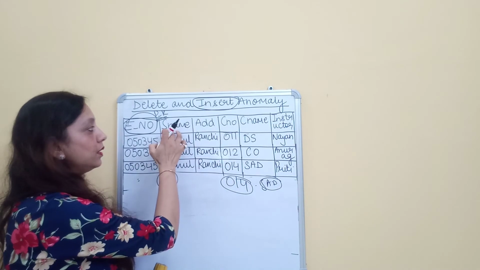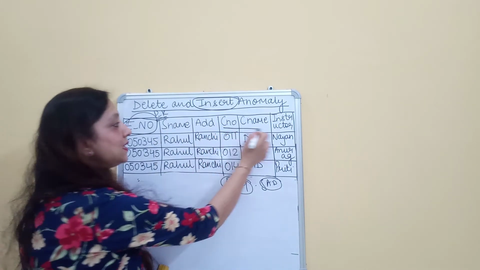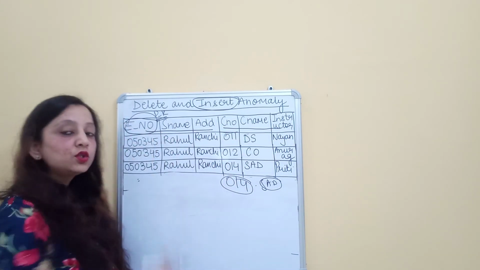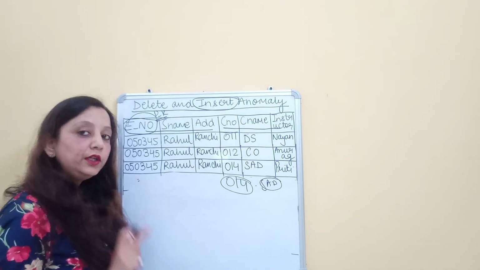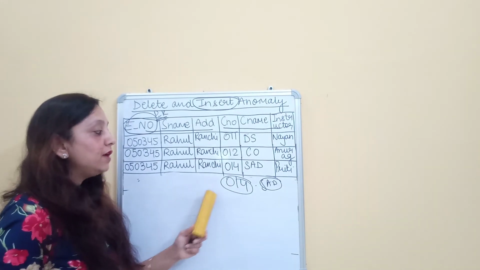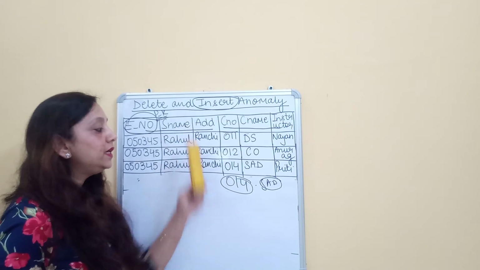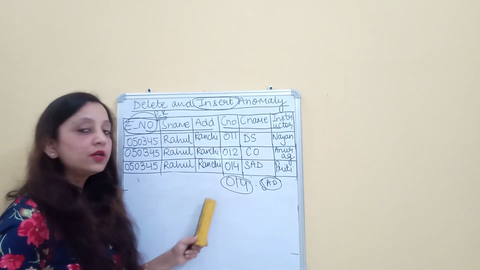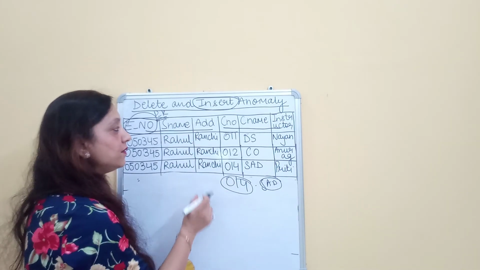The course details as well as the student details are all stored in a single table, leading to redundant information. And when we try to delete any tuple inside such a redundant table, what we have is a delete anomaly.